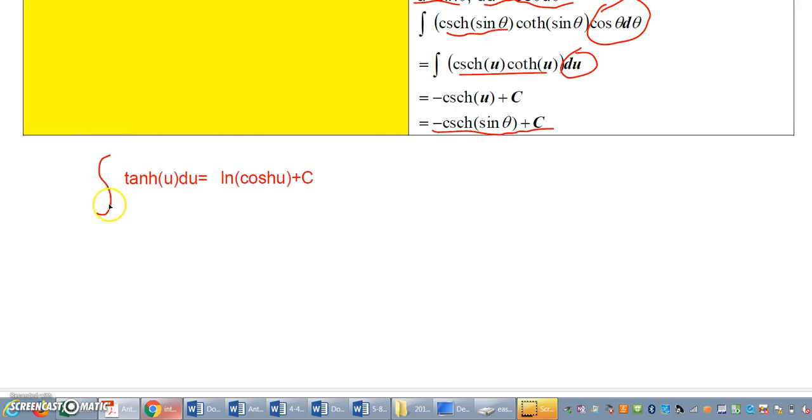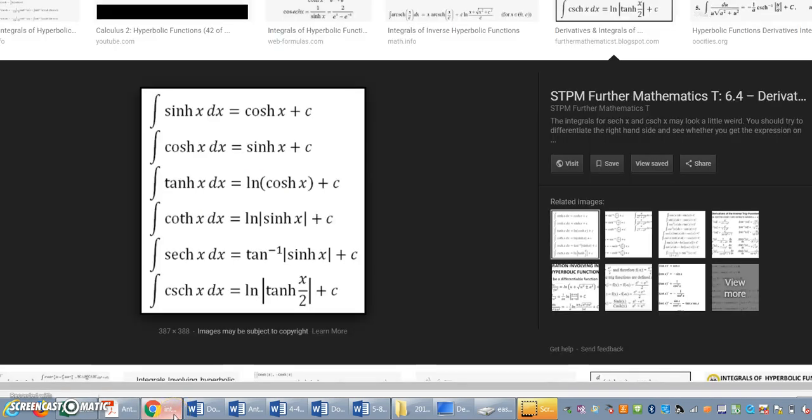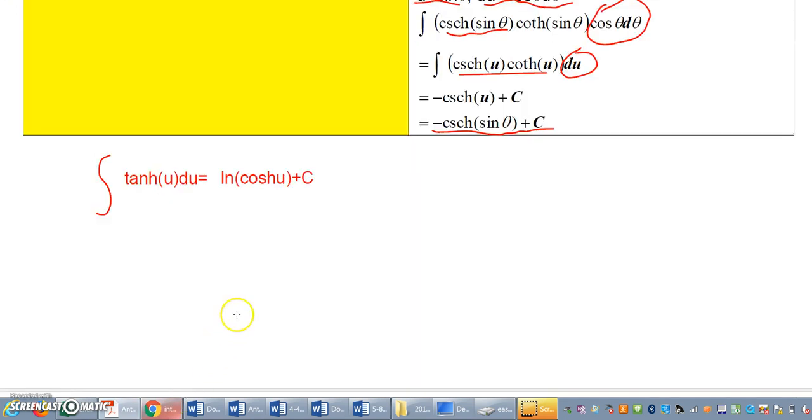For instance, if you want to integrate the hyperbolic tangent of u du, it integrates to natural log of the hyperbolic cosine of u plus a constant. I thought that might be absolute value, but it's actually not. It's just natural log.